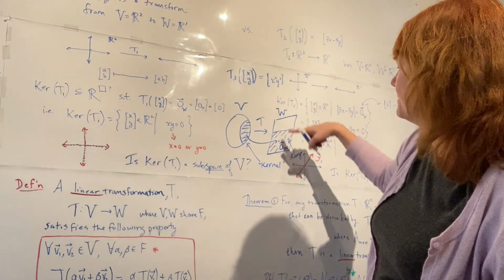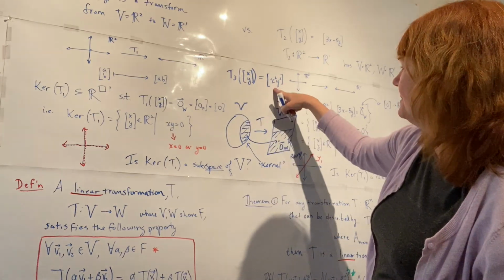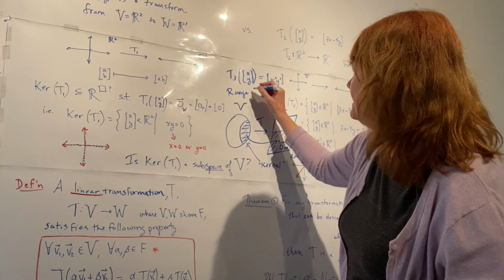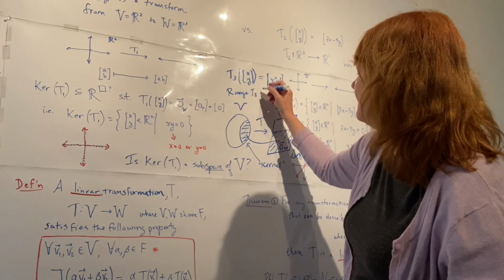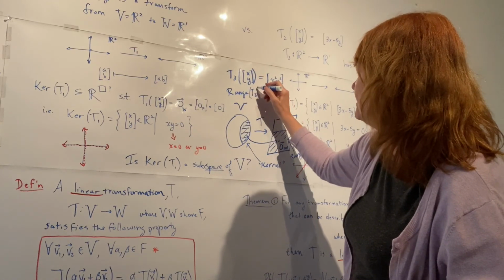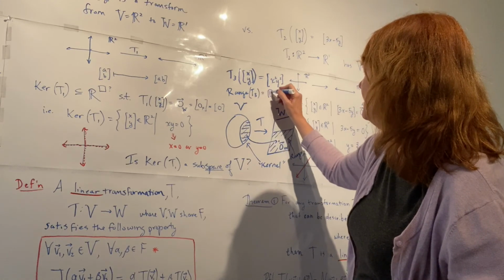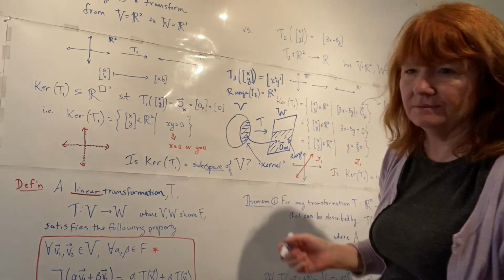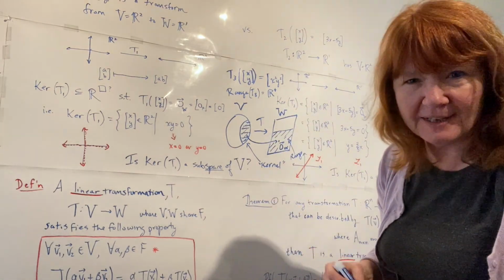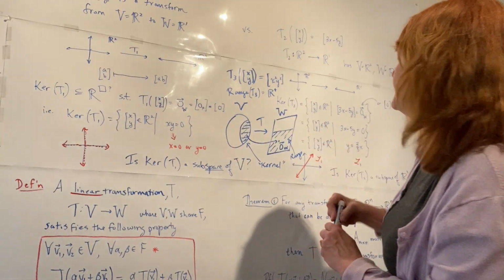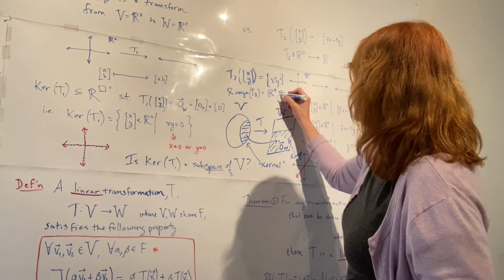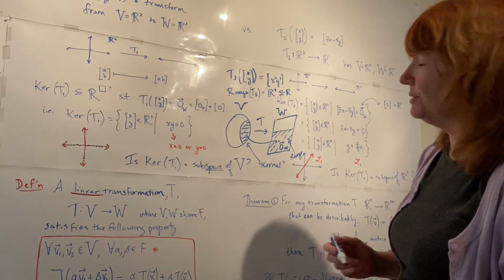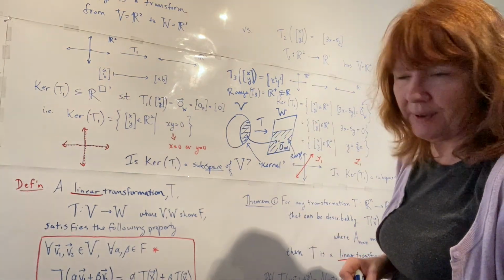In this case, the range of T3 would just be equal to R plus, meaning all the real numbers except for the negative ones. That's a subset, not equal to R. So that's an example of the range not filling up the whole codomain.